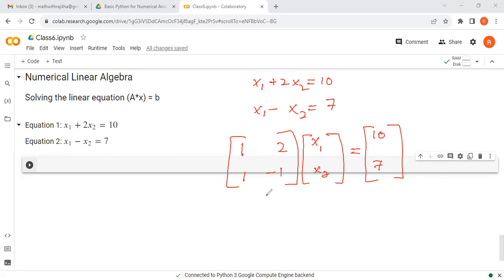This we call A, this is X, and this is B. This one we call the coefficient matrix.